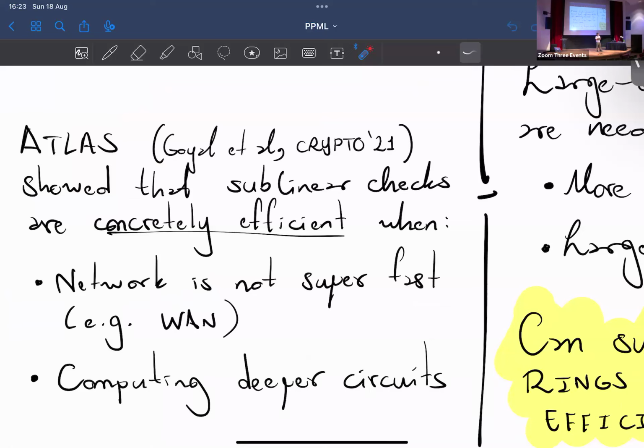For example, if the network is not super fast, maybe they're useful. If the network is very fast, then you are not communication bounded, now you're computation bounded, and then these sublinear checks are not that good. For example, if the circuit is very deep, it's also useful to have this sublinear check. If it's very deep, we're going to be interacting a lot, and it's very good to minimize the amount of information that we exchange on every round.